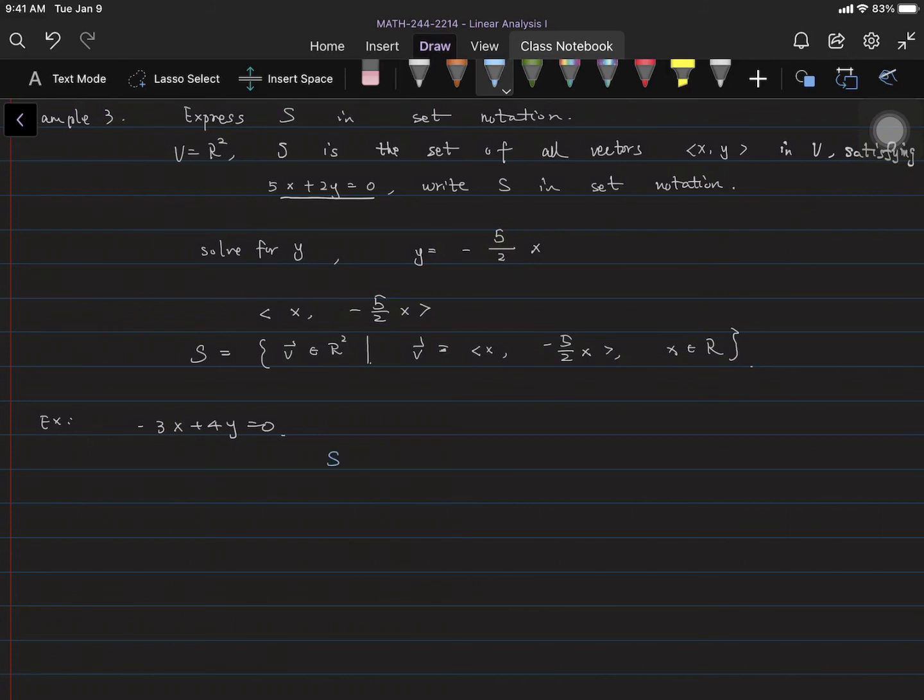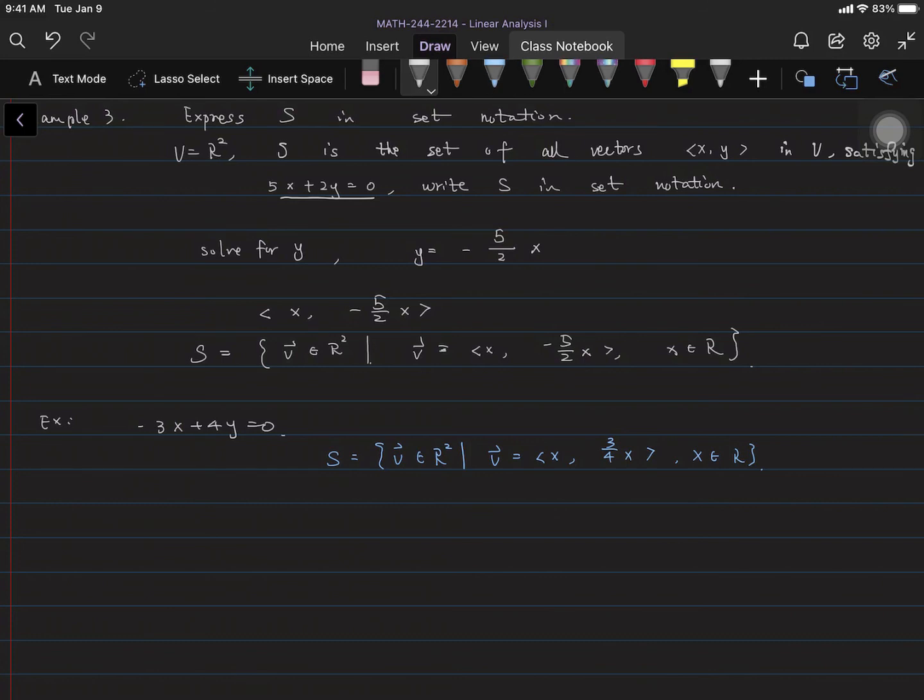All the vectors still belong to R2, and all the vectors equal what? x, 3/4 x, and x can be anything, just like this.